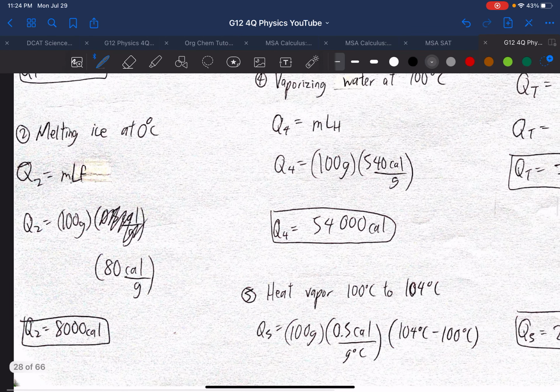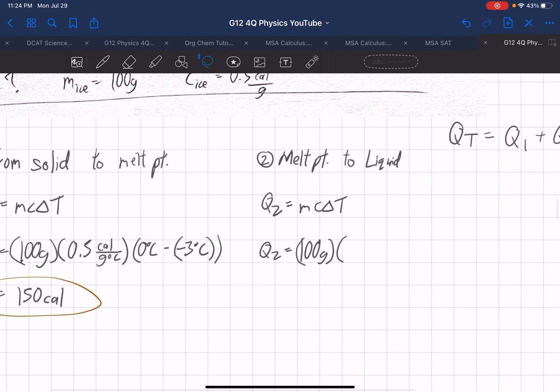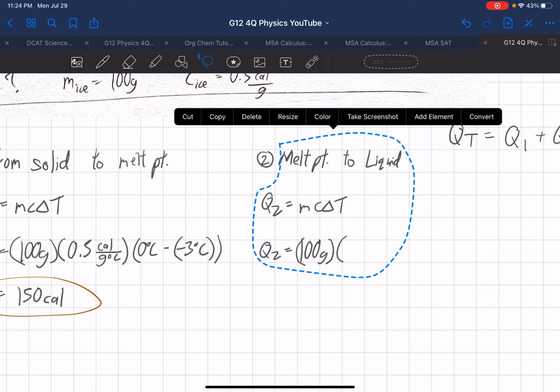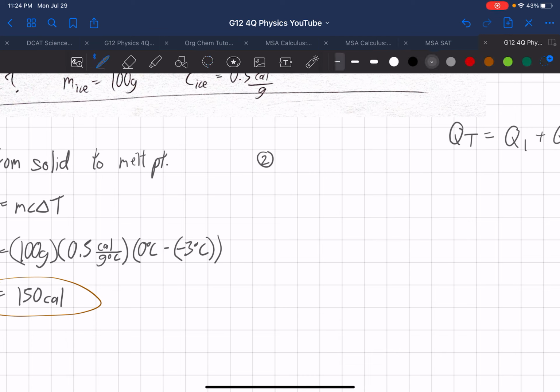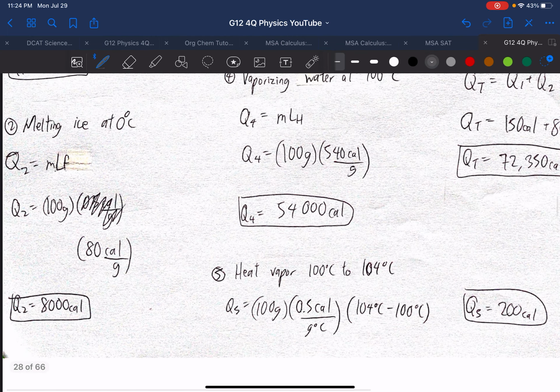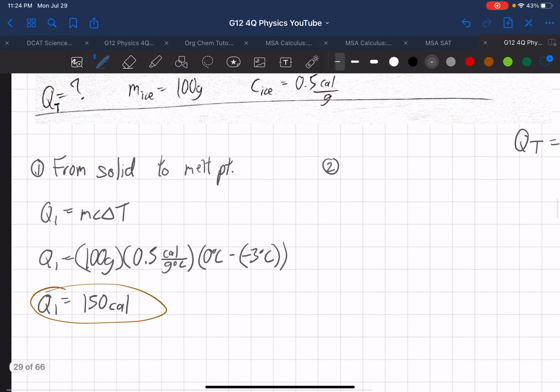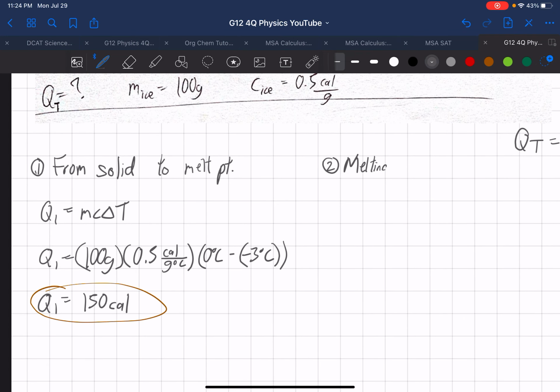Okay, made a mistake. Please, sorry about this. So this is where we find the relevance of MLF and MLV from earlier. So right now in number 2, we are melting ice at 0 degrees Celsius. So Q2 is not MCAT, it is MLF.